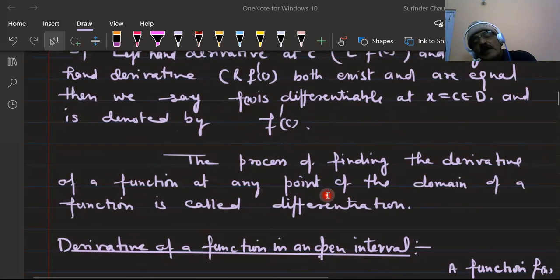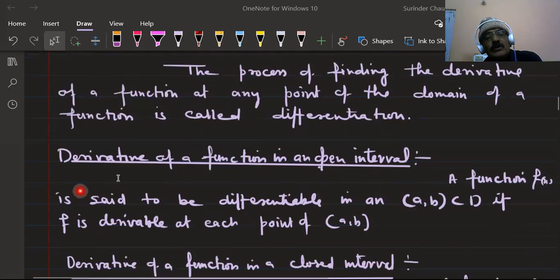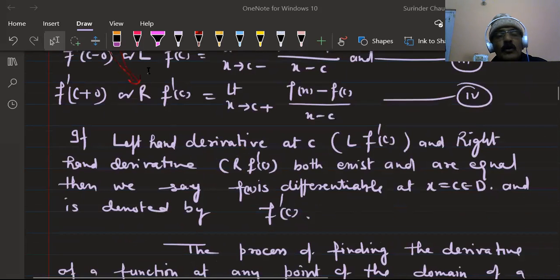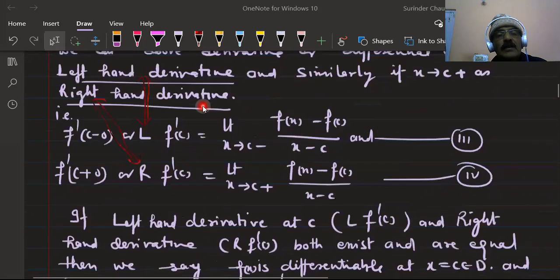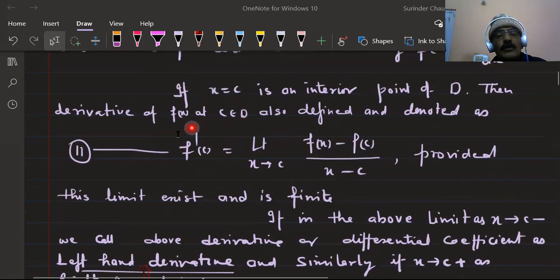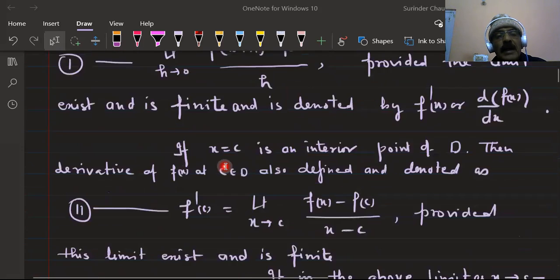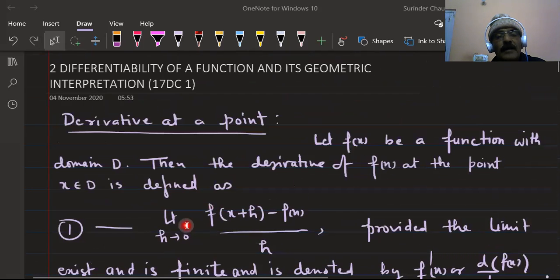If you differentiate any function at a point, the path we follow is called differentiation. And the derivative is called the derivative or differential coefficient. This is called the differential coefficient of function f at c, and this is called the differential coefficient of f at x.